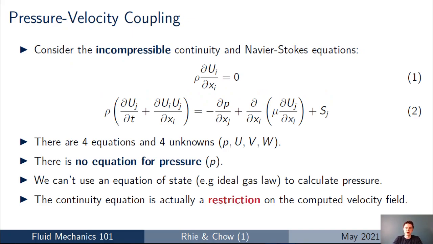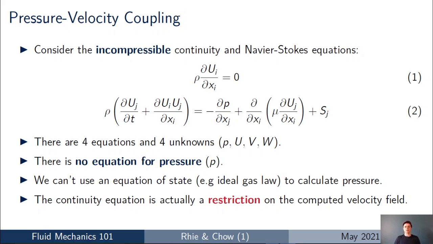So what we need to think about with CFD and the finite volume method is where we're starting. We're looking specifically at the incompressible continuity and Navier-Stokes equations, and I've got those equations for you there on the slide. Equation 1 being the incompressible continuity equation, and equation 2 being the Navier-Stokes or momentum equations.